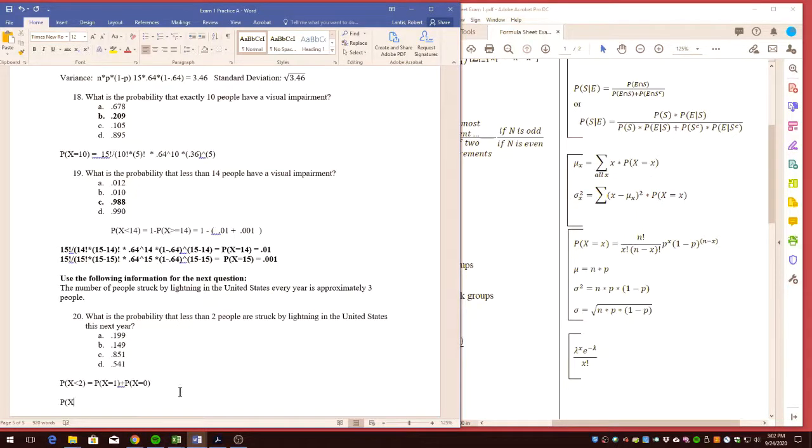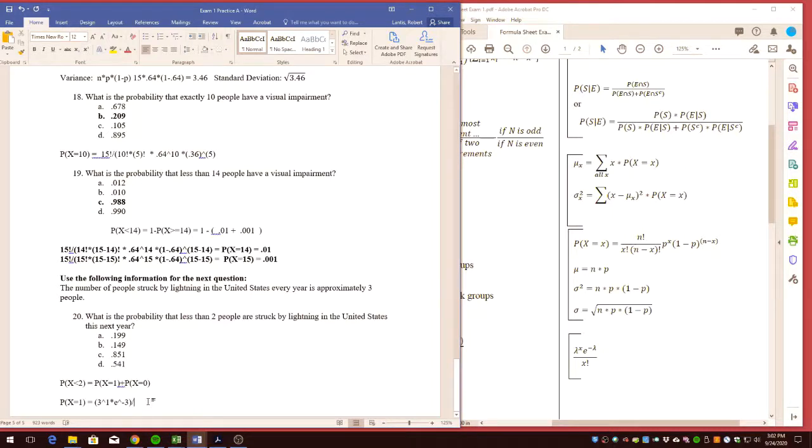So the probability that x is equal to 1 will be lambda to the x. So my lambda here, I was told, is 3. So 3 to the x, well, here I'm looking at x is equal to 1, okay? Times e to the negative lambda, so e to the negative 3. I'll then take that and divide it by x factorial.